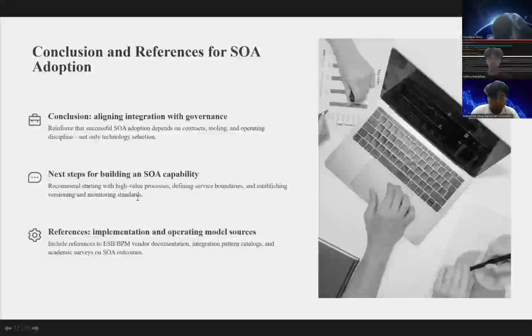The last is reference, implementation, and operation model sources. Include references to ESB or BPM vendor documentation, integration version catalog, and academic surveys on SOA outcomes.